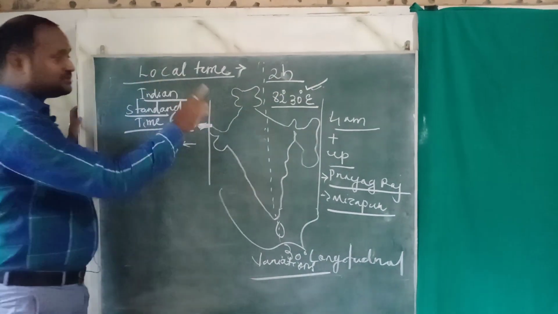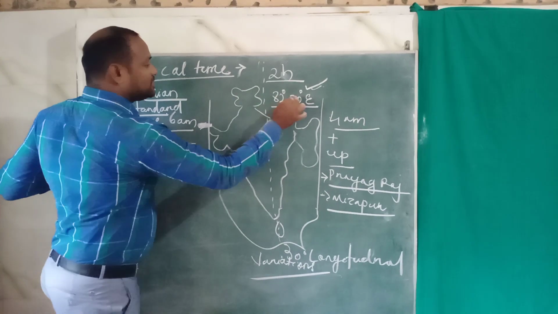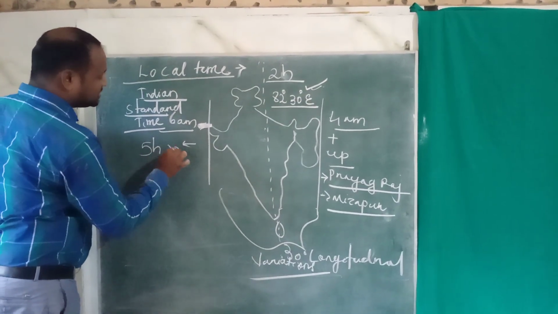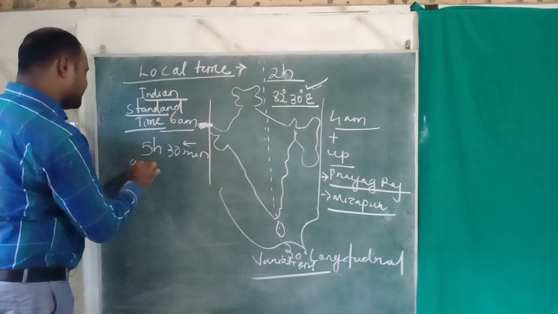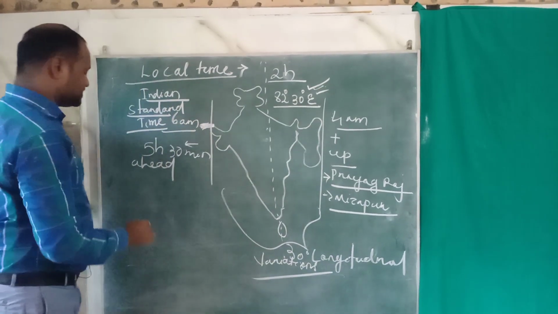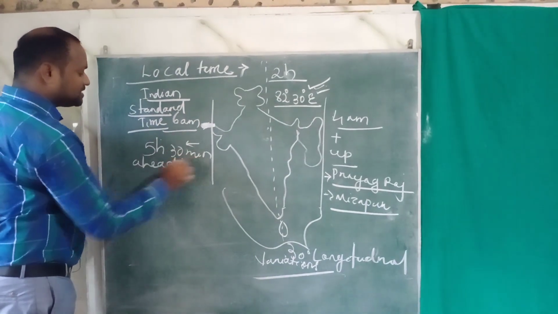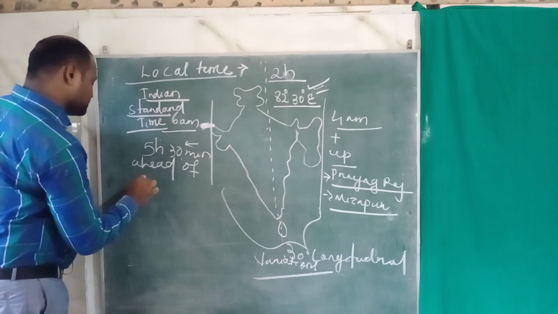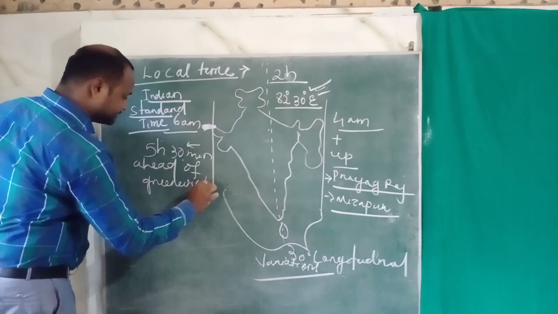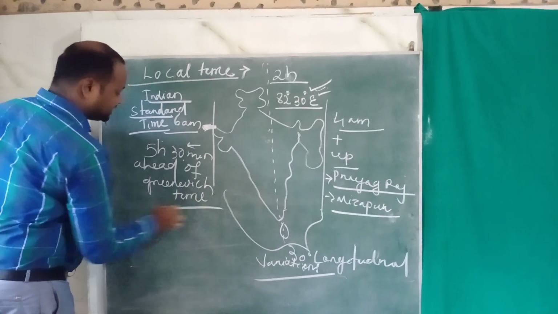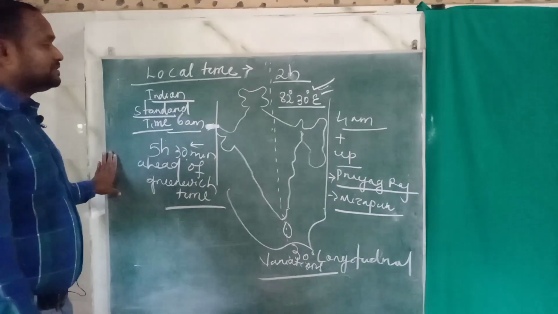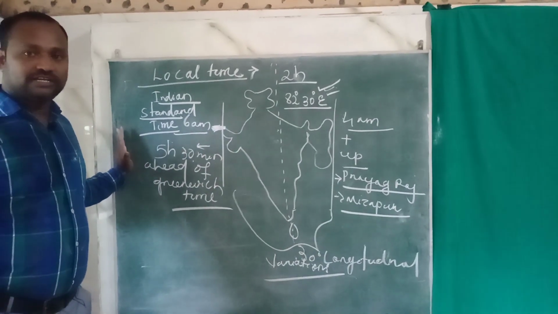And this 82 degrees 30 minutes east is 5 hours 30 minutes ahead of Greenwich time, because it is in the east. Greenwich time is the international standard time. So student, this is all about the Indian standard time.